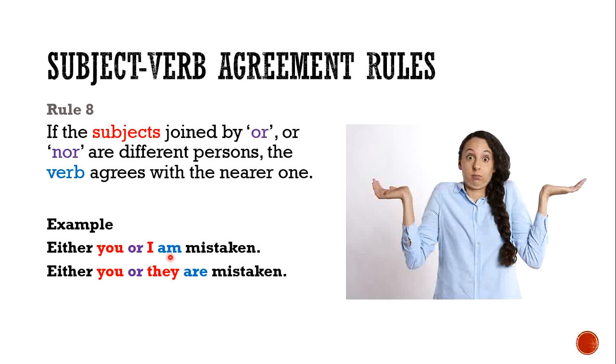This is near to the verb "am". This verb "am" is following the number of this subject. And here in this case, the verb is following this subject. Let us move on to the next slide.